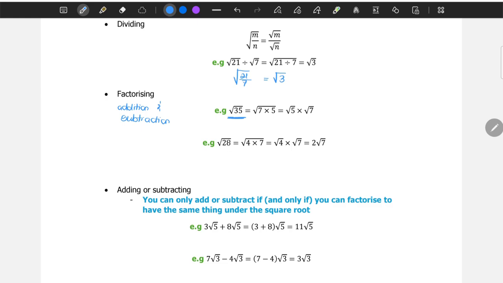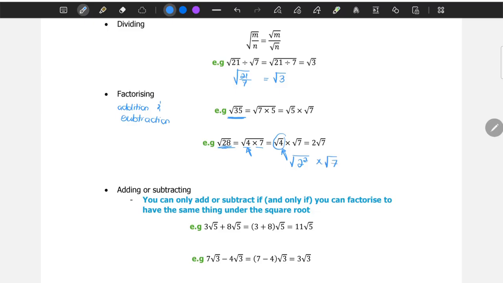28, that can be 4 times 7, but we know that once we do square root of 4 times 7, we can expand it further to say square root of 4 times square root of 7 under the multiplication rule. And square root of 4 is the same as saying 2 squared times square root of 7.